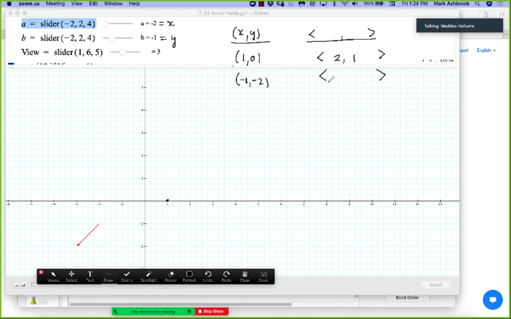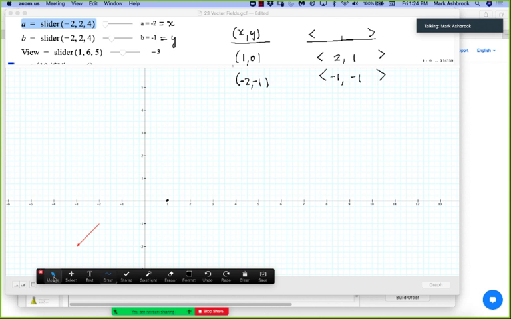Negative 1, negative 1. Isn't that point negative 2, negative 1? Yeah, something's wrong here. I always reverse these. There's something about the way this is up here that I keep reversing this. This is negative 2, negative 1.